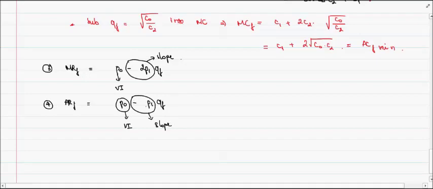So again, it's downward sloping, and the slope is half of the slope of the marginal revenue.